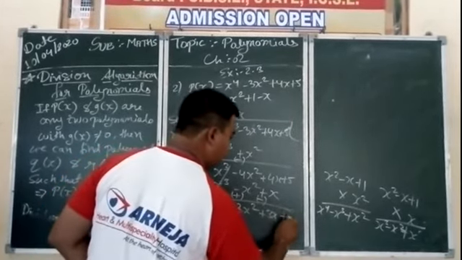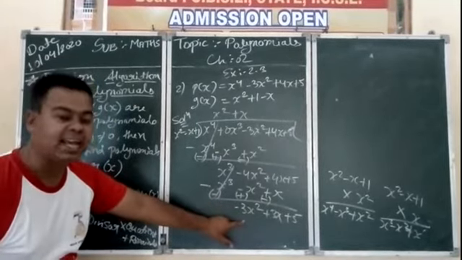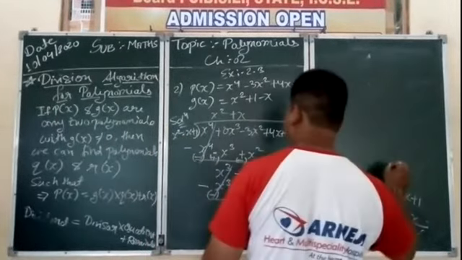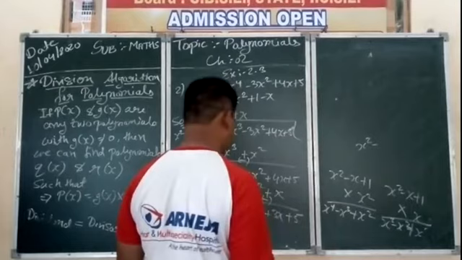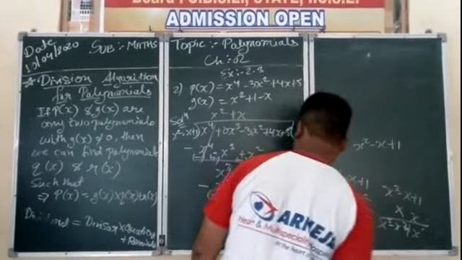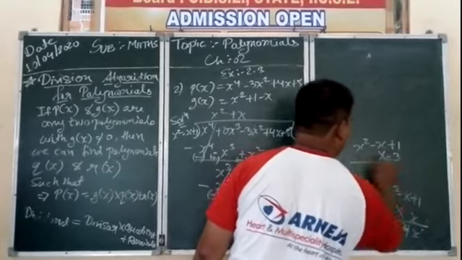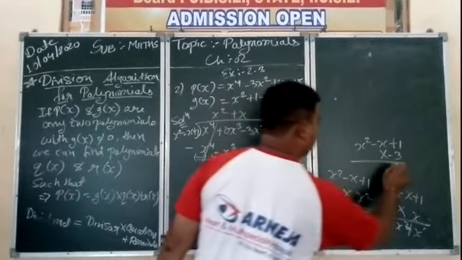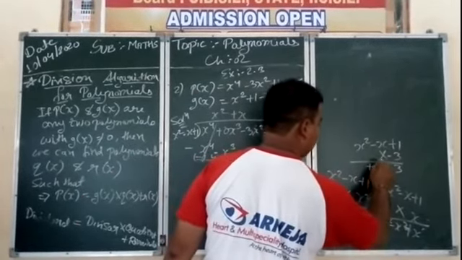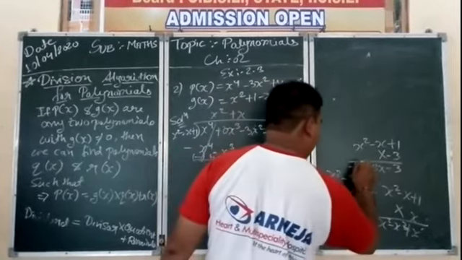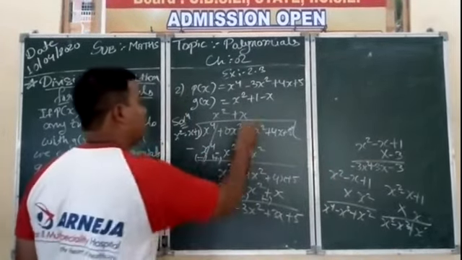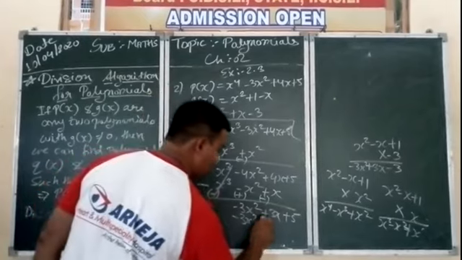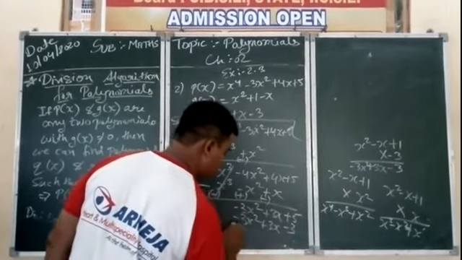And plus 5. Now the first term is minus 3s square, which again is of the same degree as our divisor, so again we multiply s square minus x plus 1 by minus 3, because we want minus 3x square. That gives minus 3x square plus 3x minus 3.